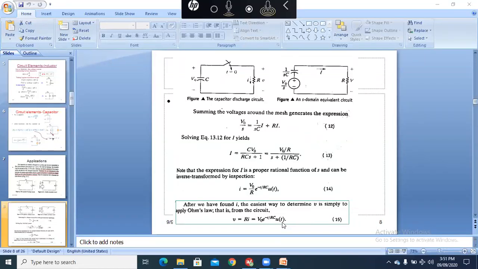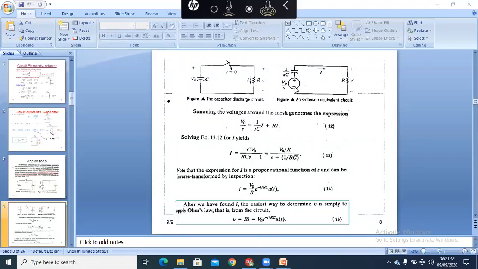In fact, what is important here is that we have taken into account the initial voltage across the capacitor, and we have calculated the value in time domain. Previously, in frequency domain representation, we had no consideration of the initial conditions of the capacitor, and we assumed it as 0.